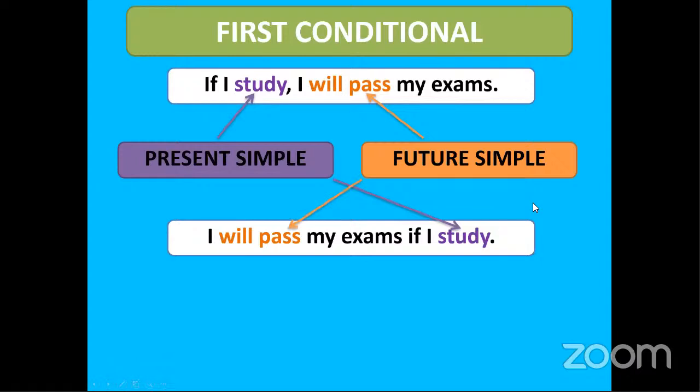Future. You see? In the first example, the symbol comma is included because the conditional clause starts the sentence. But in the second example, the consequence clause starts the sentence, so the comma is not included.